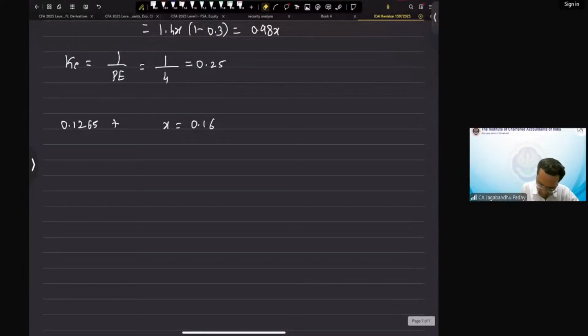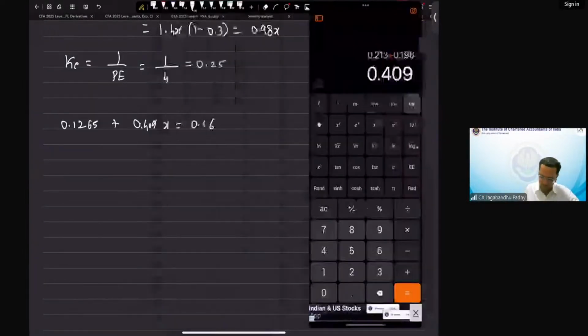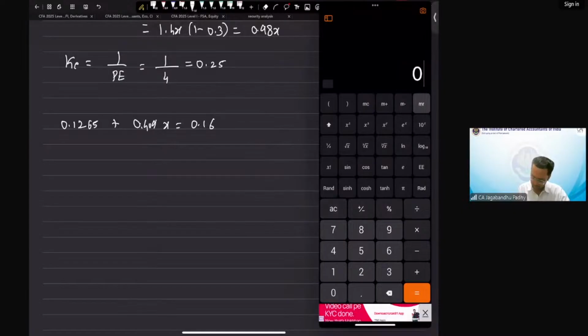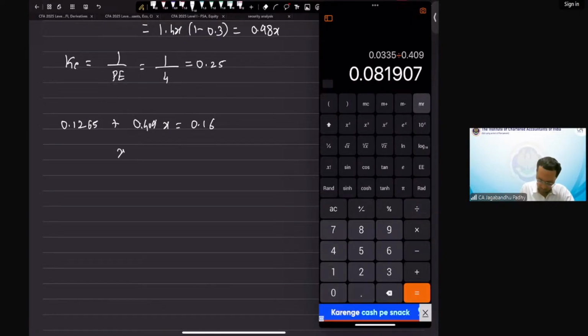Yeah, so this is 0.409x is 0.16. 0.16 minus 0.1265, and then this is divided by 0.409. So x is 8.19%.